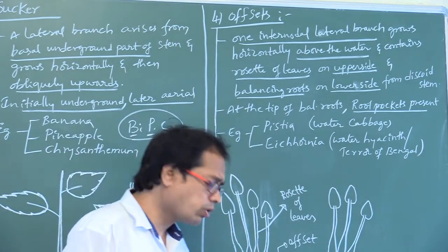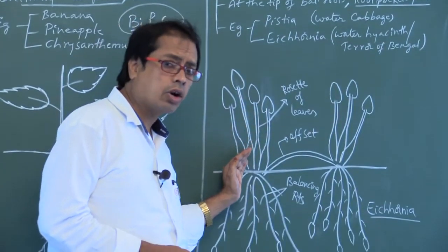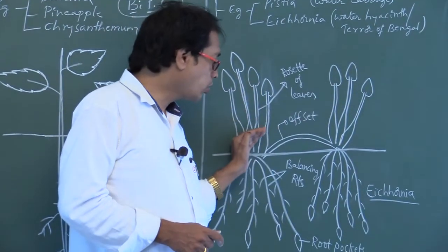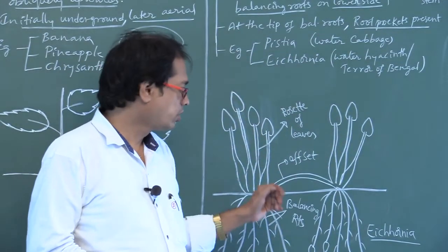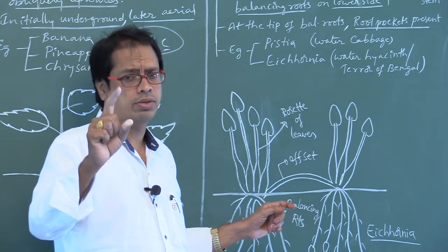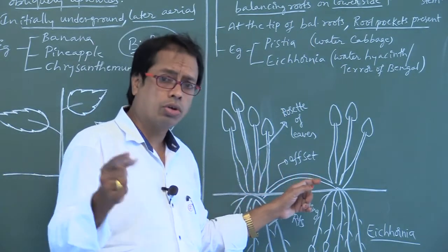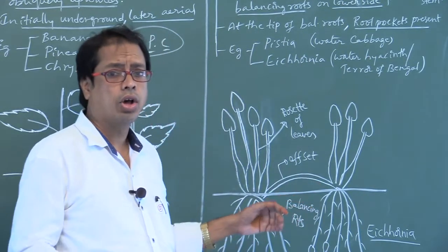The point you have to know is that in the axils of leaves, one internodal branch develops and grows horizontally on the water surface. So the number of internodes in each offset is one. That is so called offset.